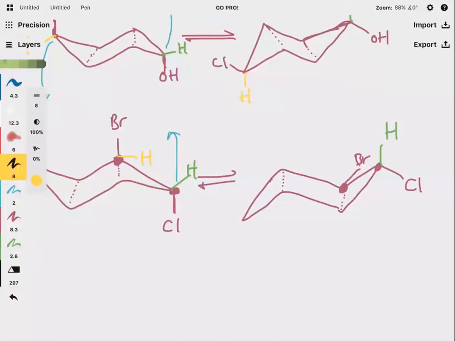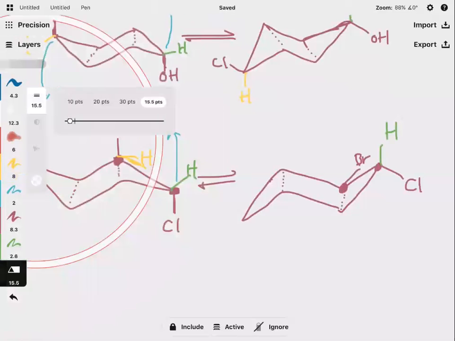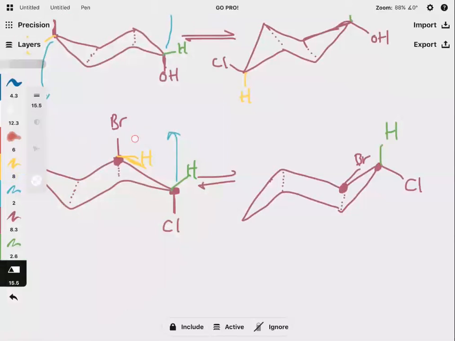And the yellow hydrogen, which was pointing down, is going to keep pointing down on the right-sided flipped structure, so it'll be like that.